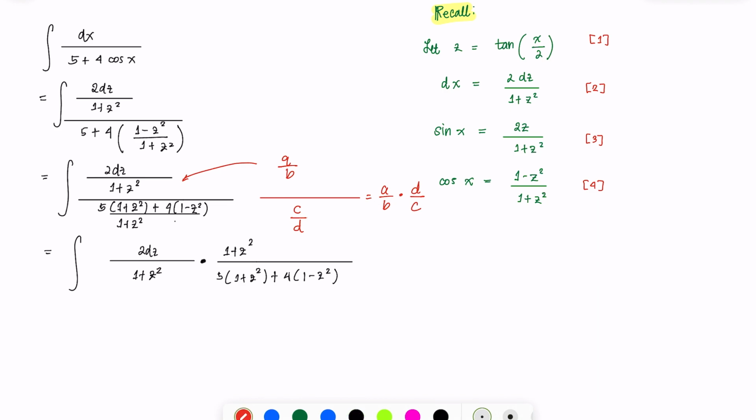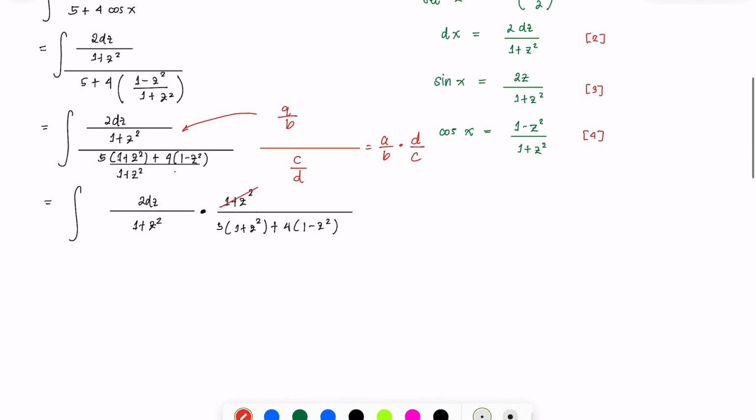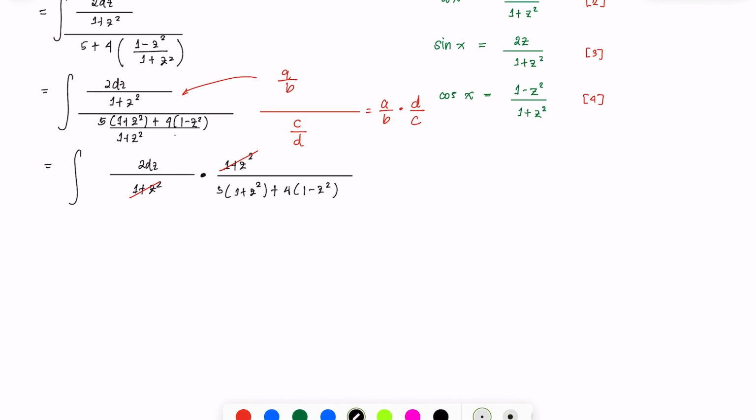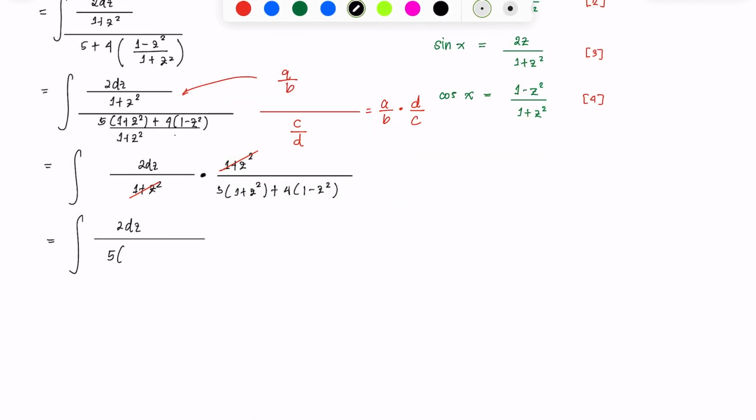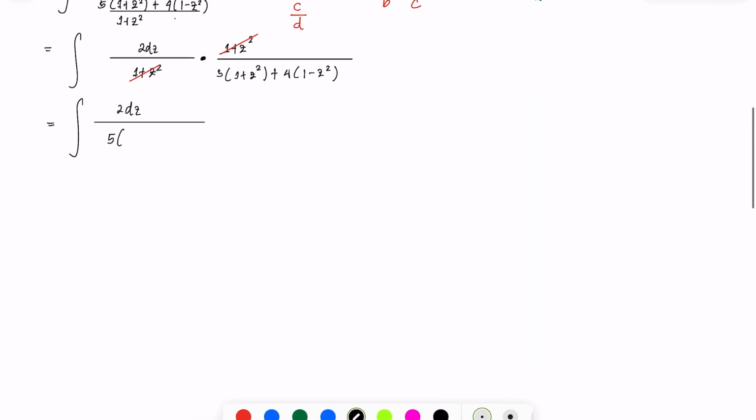Upon doing that, it's very clear that the 1 plus z squared part will cancel out. That's a good thing because we want to simplify our integral. So we now have the simplified version to be 2dz divided by 5 times 1 plus z squared plus 4 times 1 minus z squared.